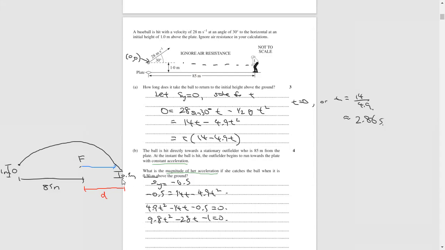Now, to solve this, use the quadratic formula, which of course is negative b plus or minus the square root of b squared minus 4ac, all over 2a.